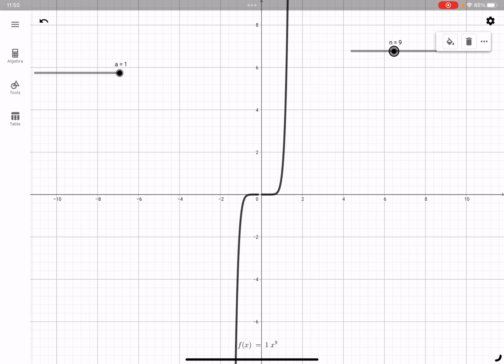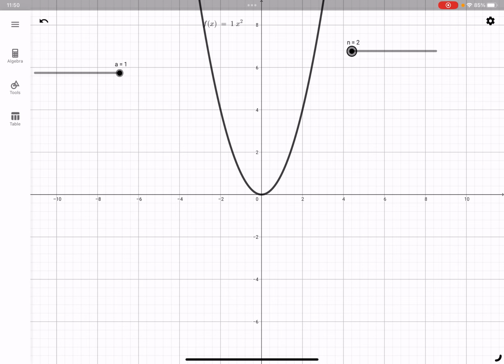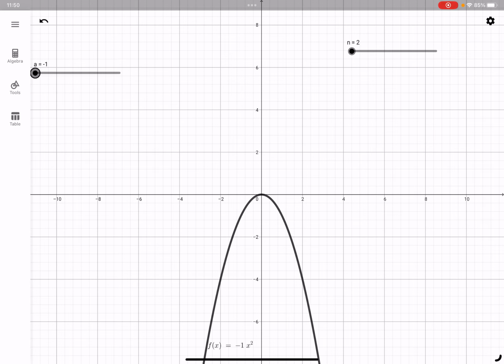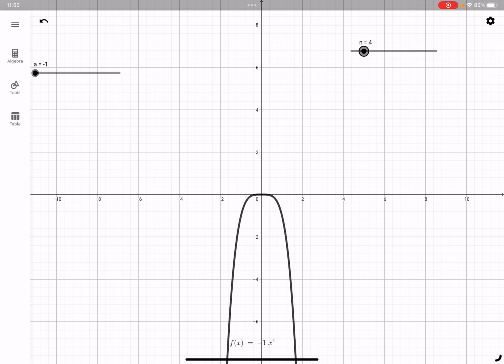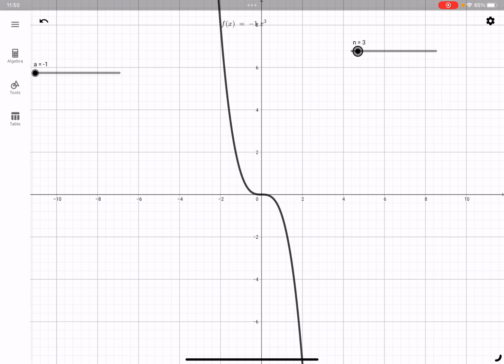Now, if I change the coefficient from a positive 1 to a negative 1, multiplying by a negative, then that's simply going to reflect our power function and have our power function be upside down. So our U's, our even functions, are facing downwards, and our odd powers are decreasing, this cubic function decreasing from left to right.